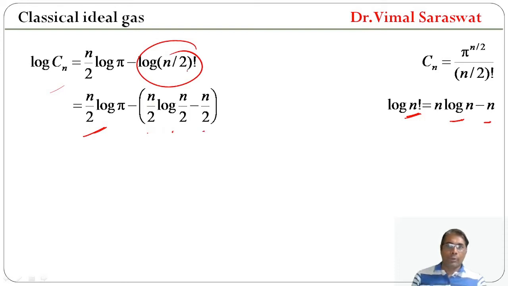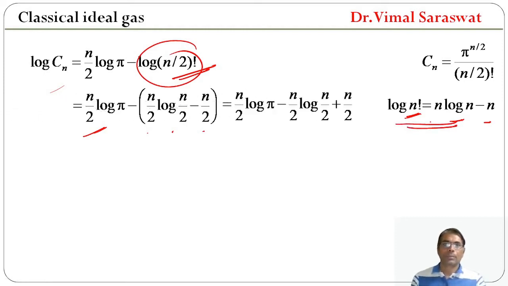So we use Stirling approximation here, and Stirling approximation is given here. Now if we open this bracket, then this negative and this negative will be positive. So log Cn is equal to n by 2 log pi minus n by 2 log n by 2 plus n by 2.